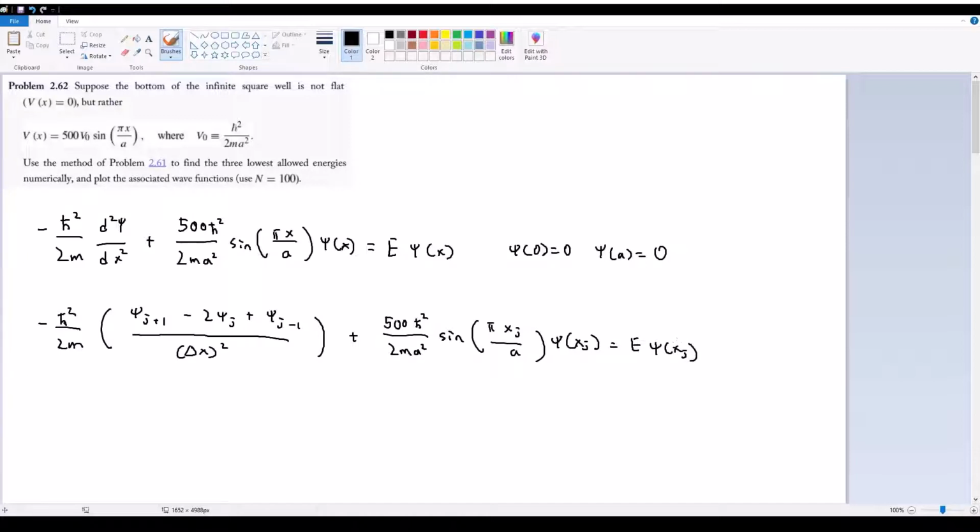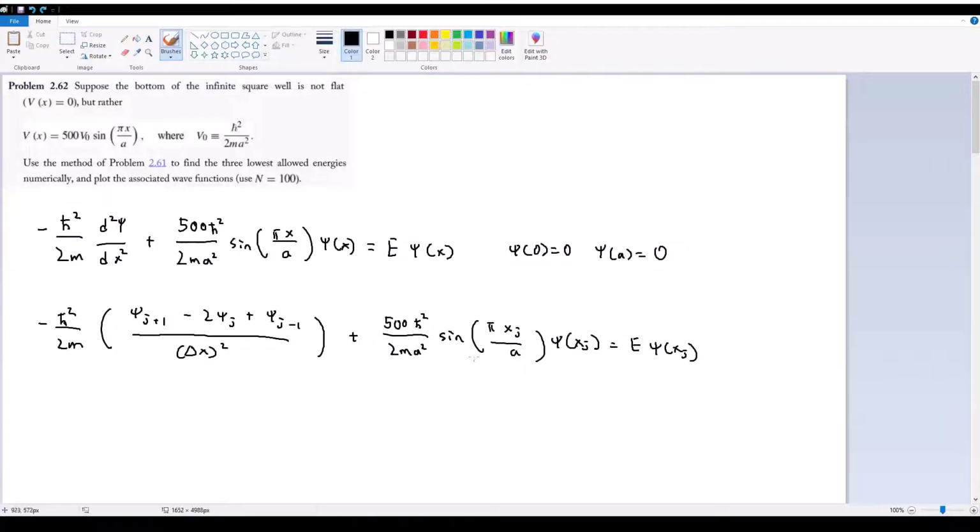So immediately, one of the problems that we encounter here is note that xj appears as a variable in this sinusoid. And this is going to cause an issue because remember, the whole point of doing this is so that we can create a matrix equation and solve the eigenvalues for E. So E is actually our variable of interest.